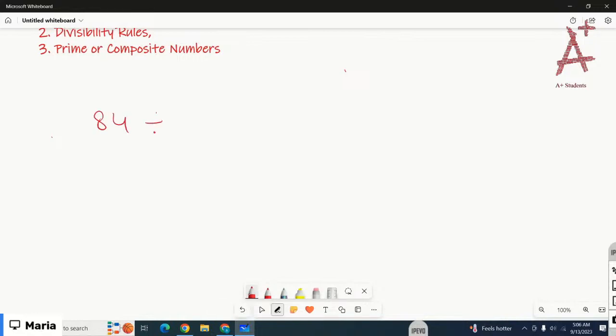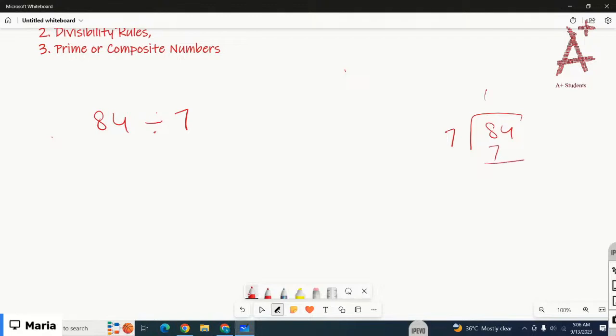You need to see if 7 is a factor of 84. Which is the correct option, yes or no? 84 divided by 7. Is 7 a factor of 84? Just divide 84 by 7. Let's see if it completely divides.